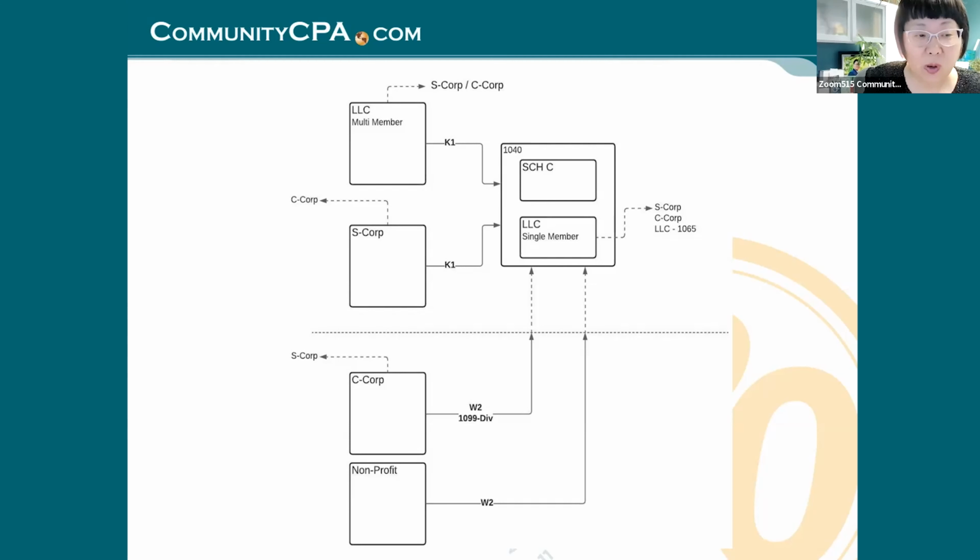So that C Corp itself can elect to be S Corp if they want to come out of the basement, right? Nonprofit is the same thing. The only way for nonprofit to impact your 1040 is if the nonprofit issues a W-2 to you, right? But of course, you can impact the nonprofit going down in the basement because you can donate.